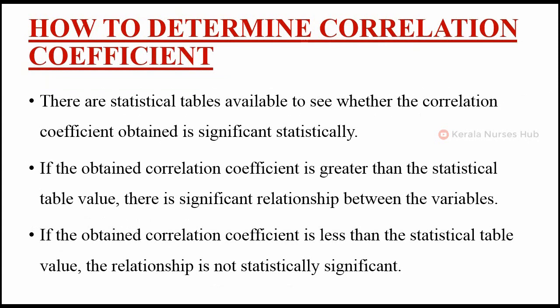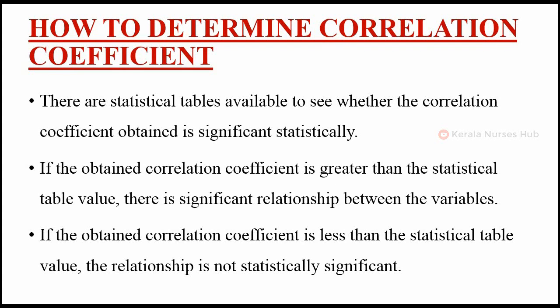Now we'll see how to determine the correlation coefficient, or how we can determine the r value. There are equations available. Once we find the r value, statistical tables are available to see whether the correlation coefficient obtained is statistically significant. We have to compare our value with the statistical table value.